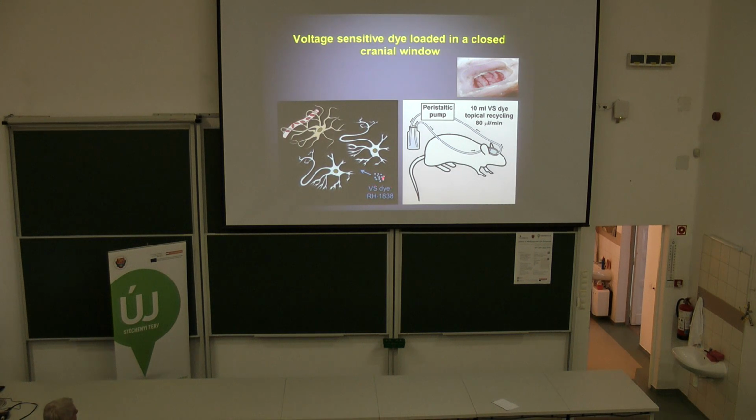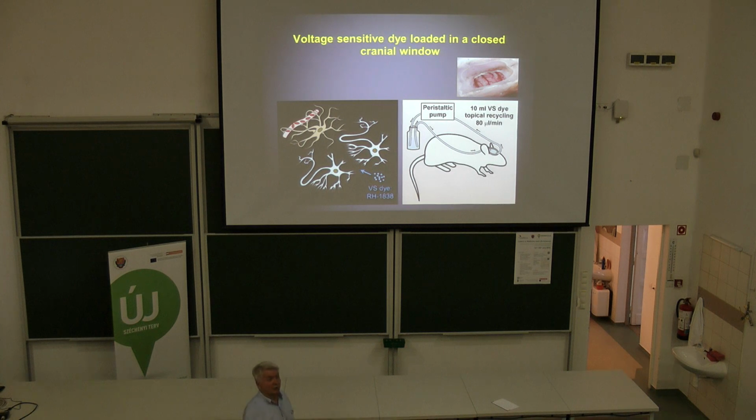In this case, this dye is bound to the nerve cells and the glia cells, and if the intracellular electrical potential is changing, it changes its optical properties, so therefore the voltage changes in the brain can be visualized.